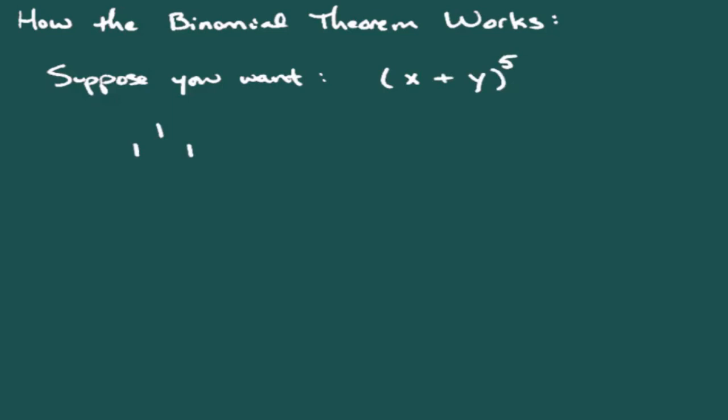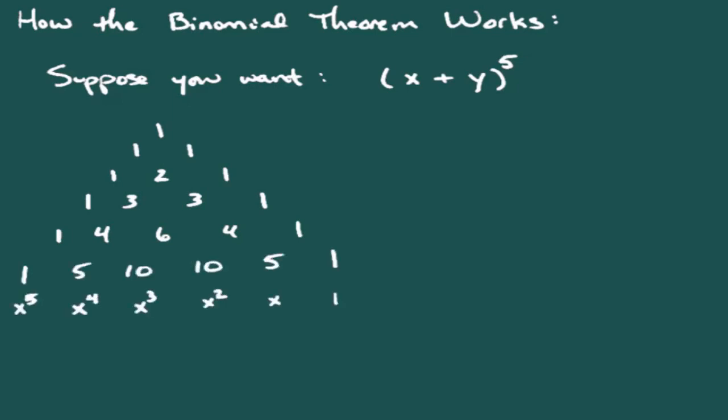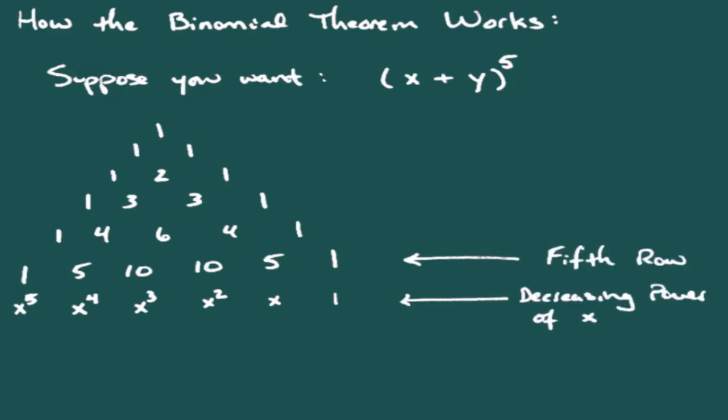Then we've got our row 1, 1, our row 1, 2, 1, and remember the 2 is coming from the sum of the 2 diagonal elements that are above. Then we do that same thing for the next row, 1, 3, 3, 1. Then for the next row, 1, 4, 6, 4, 1. And finally down for the 5th row, we've got our 1, 5, 10, 10, 5, and 1.